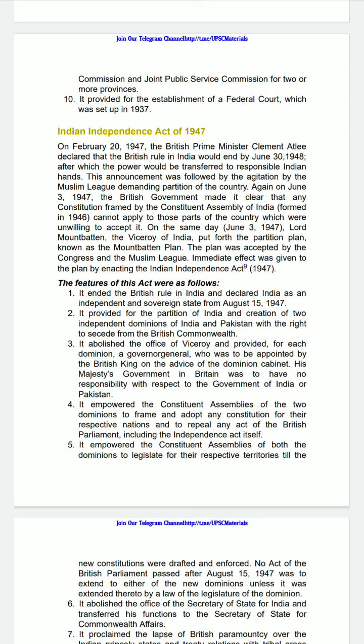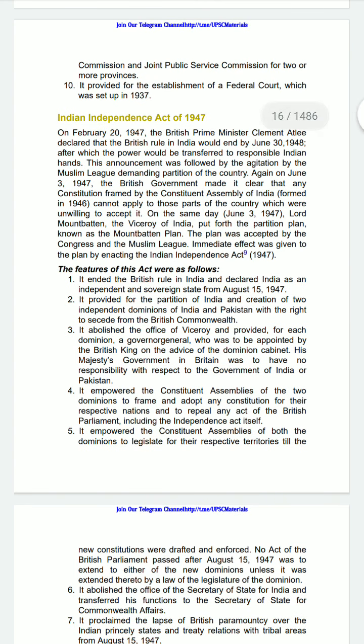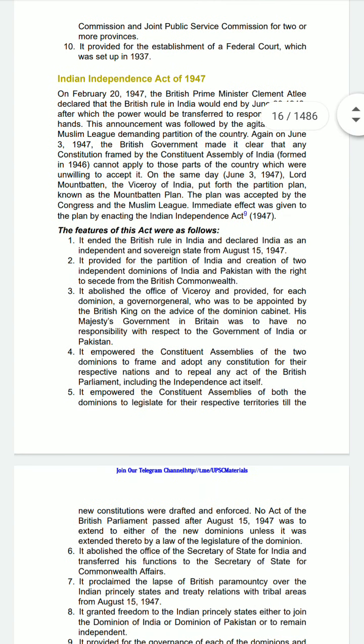This announcement was followed by the agitation by the Muslim League demanding partition of the country. Again, on June 3, 1947, the British government made it clear that any constitution framed by the Constituent Assembly of India, formed in 1946, cannot apply to those parts of the country which were unwilling to accept it.